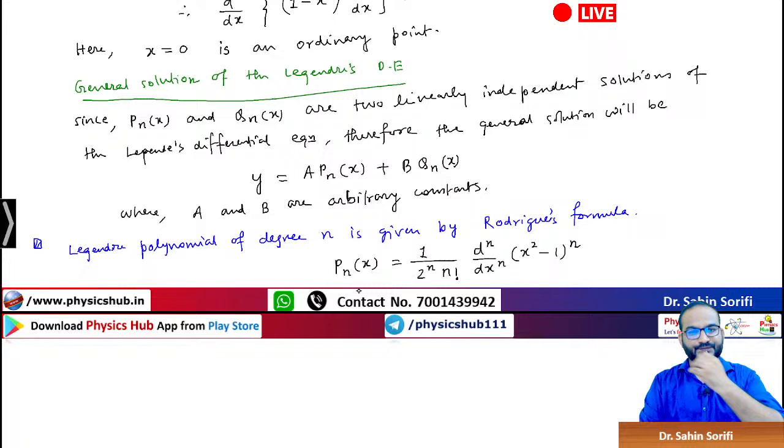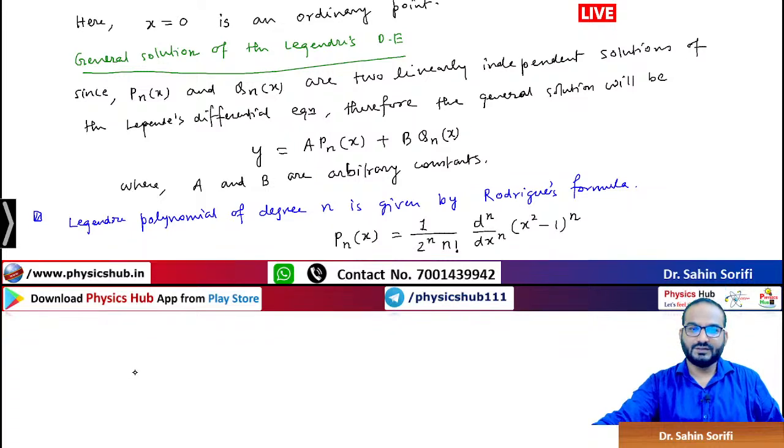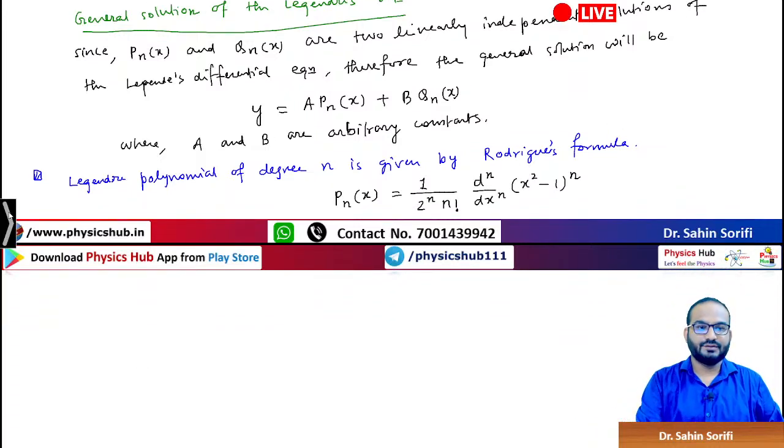You get P0 of x if you put n equals to 0, P1 of x if you put n equals to 1, P2 of x if you put n equals to 2. So the first few Legendre polynomials you need to keep in mind.